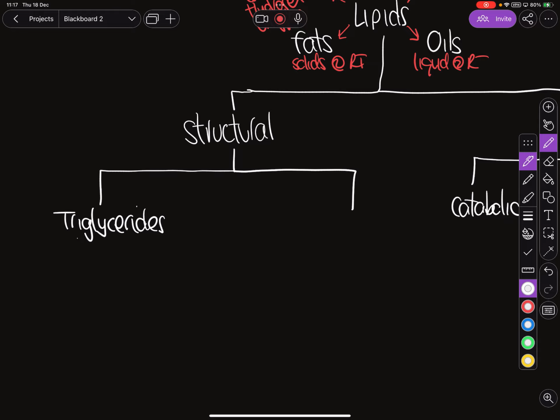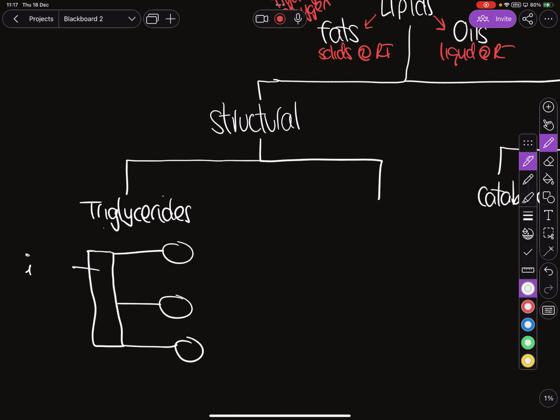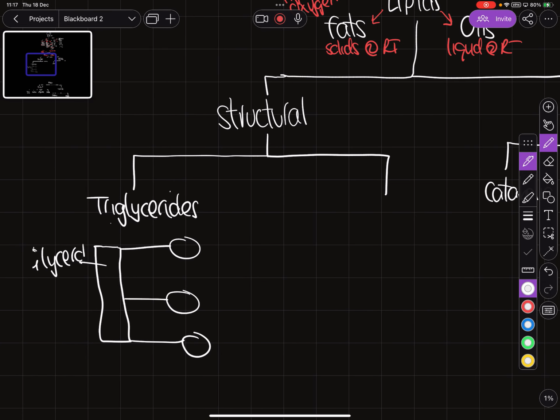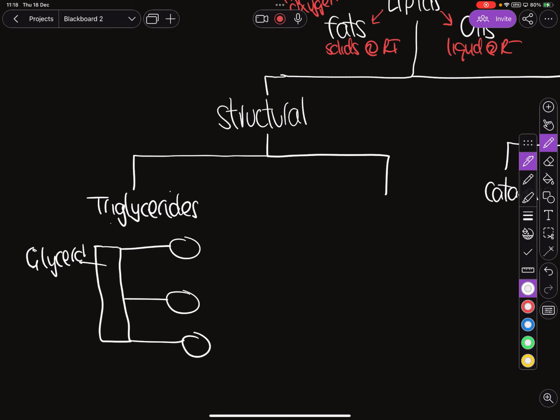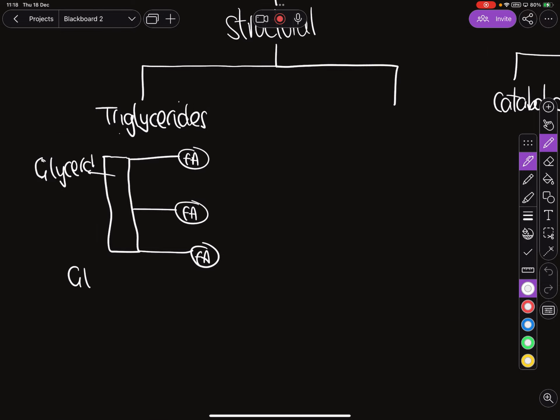In terms of its composition, we're going to draw it this way. So it's like a funky E. This is a glycerol backbone, it's called, and then you have 3 fatty acids attached to it. So a glycerol and 3 fatty acids make up a triglyceride or a lipid.